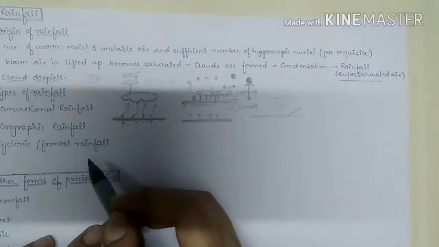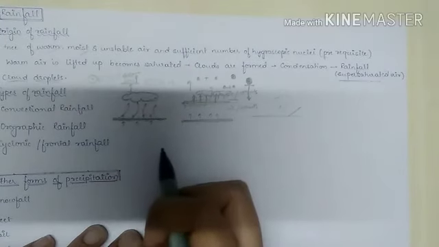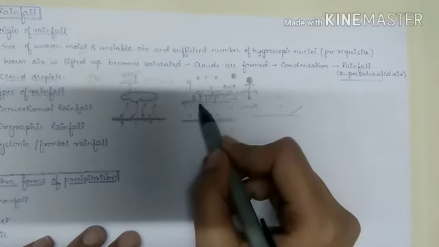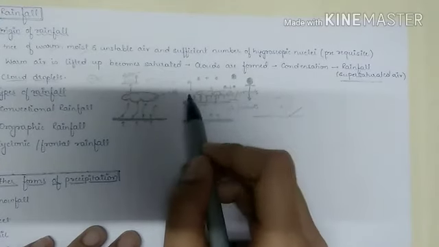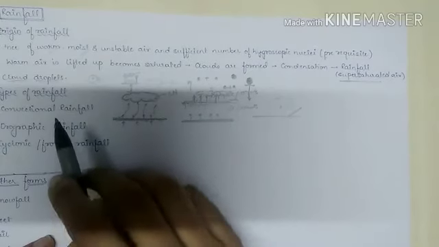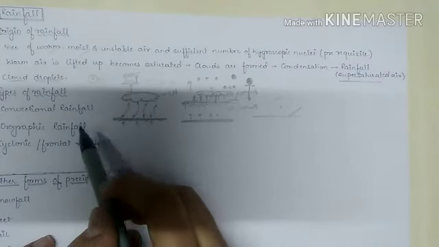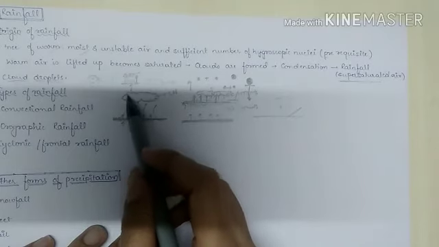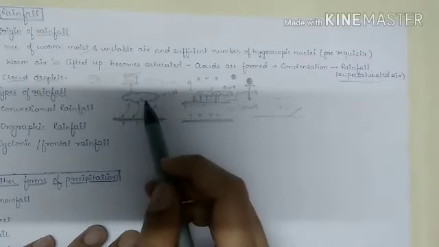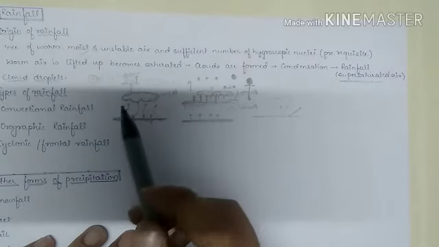It occurs through thick, dark and extensive cumulonimbus cloud. So here cumulonimbus clouds are formed. It is accompanied by cloud thunder and lightning. So along with rainfall, we can hear thunder and lightning also.